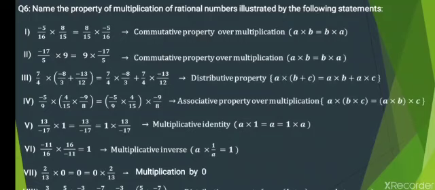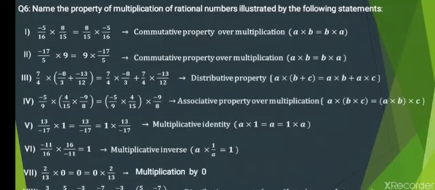Okay, now let's move to part 4, that is minus 5 by 9 into 4 by 15 into minus 9 by 8 is equal to minus 5 by 9 into 4 by 15 into minus 9 by 8. So what is the difference between third and fourth part?